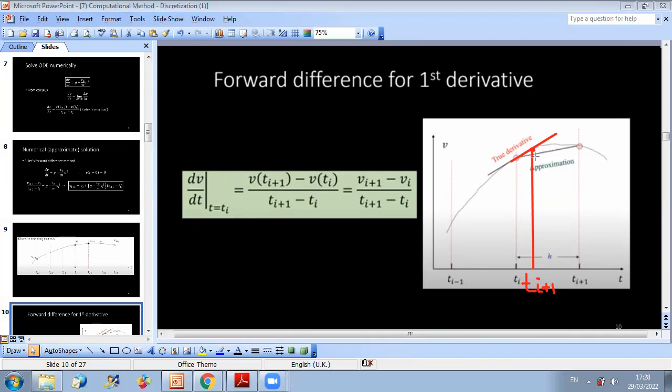Now, as I told you before, there are some unexpected issues related to other errors. We'll see that with computers, you always have round-off errors. And we'll see that round-off errors can cause some problems if you have a delta t very, very small, of the order of 10 to the minus a lot.